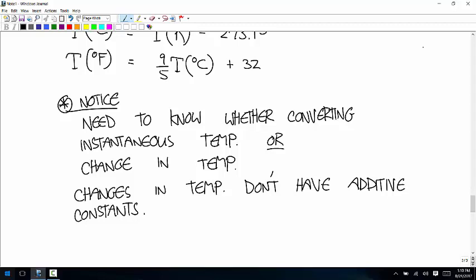It doesn't increase minus 278 Kelvin. And that's because a change in anything is the final property minus the original property. And on that final and that original that you're subtracting, you have the additive constant there. So those cancel out when you do that subtraction. Okay.